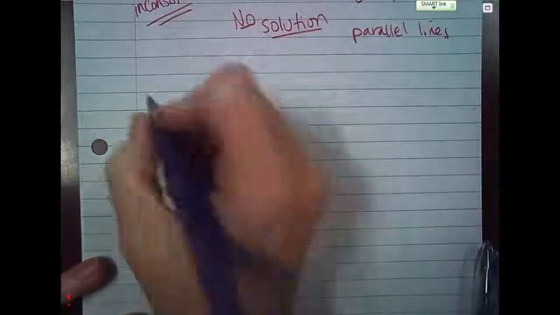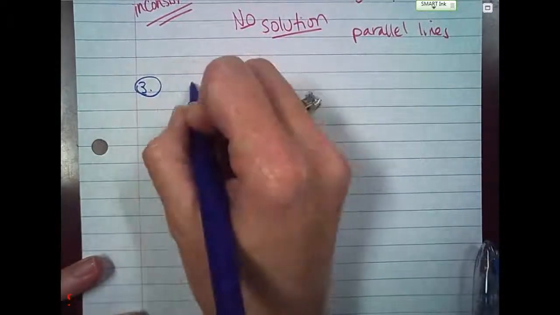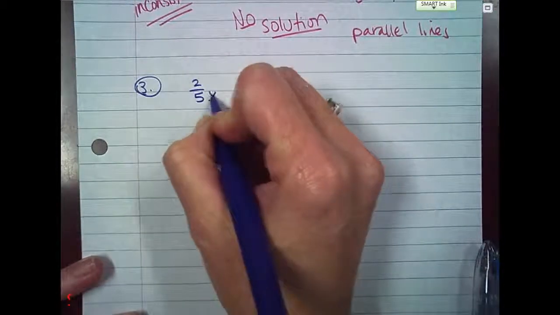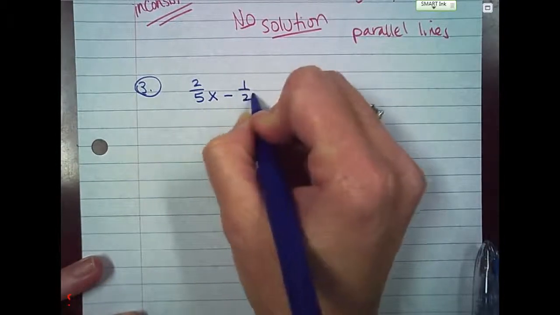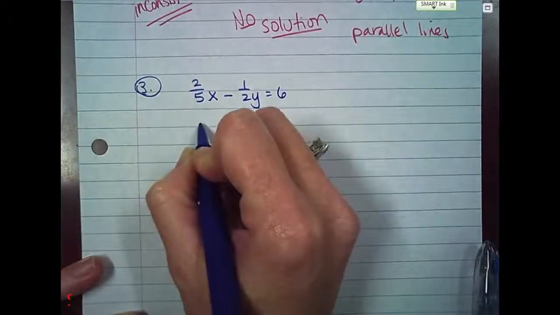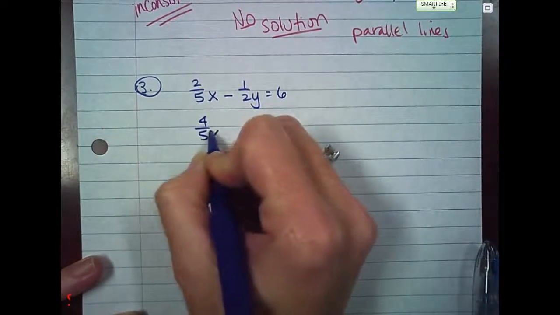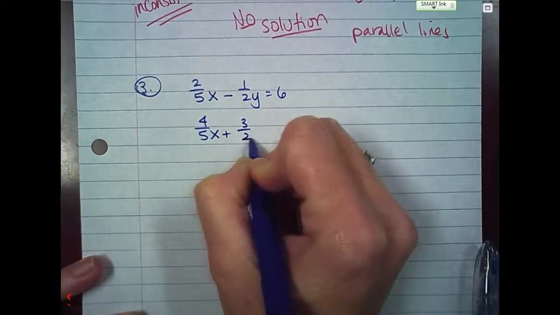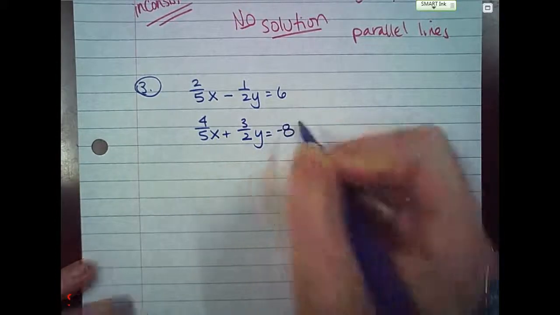Number 3. 2/5 x minus 1/2 y equals 6. And then you have 4/5 x plus 3/2 y equals negative 8.